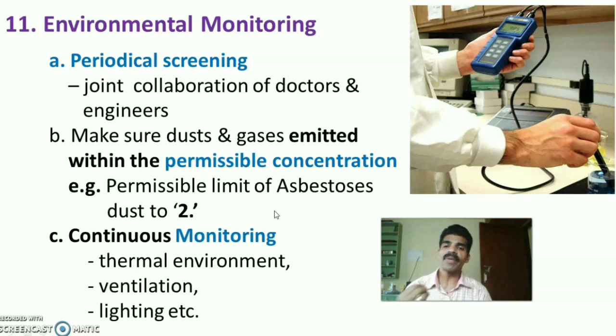So that has to be maintained. So make sure the dust and gas emitted from the industry and factory are at the permissible concentration. Third is continuous monitoring of the factory or industry setting in relation to the thermal environment, adequate ventilation, adequate lighting facilities, etc. This all comes under continuous monitoring.